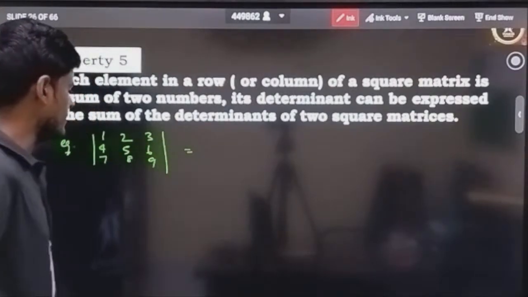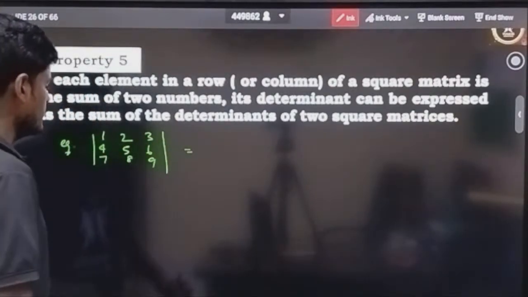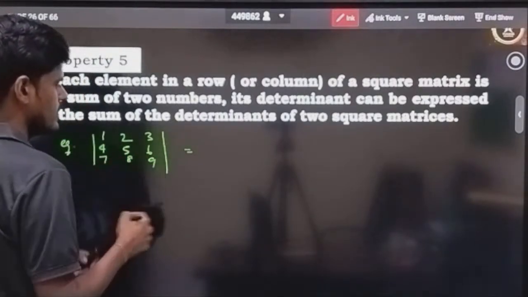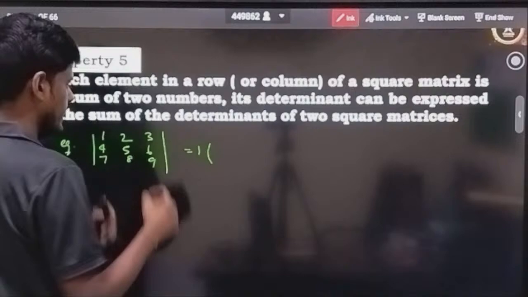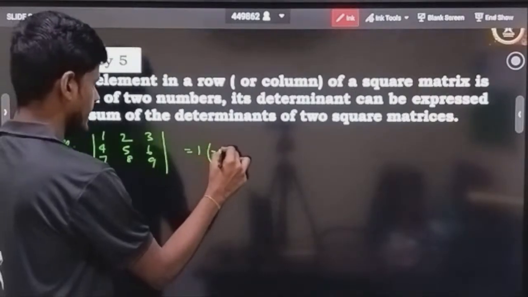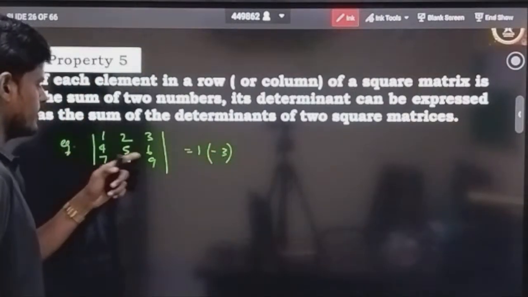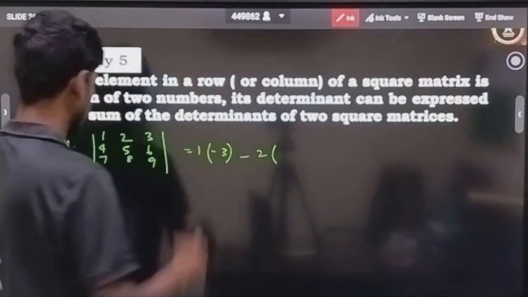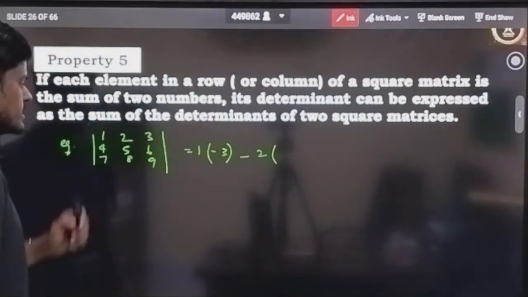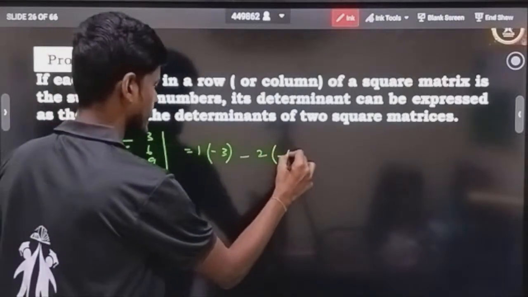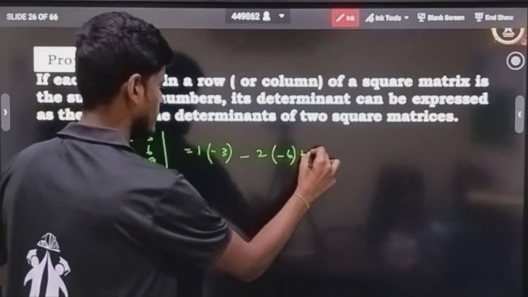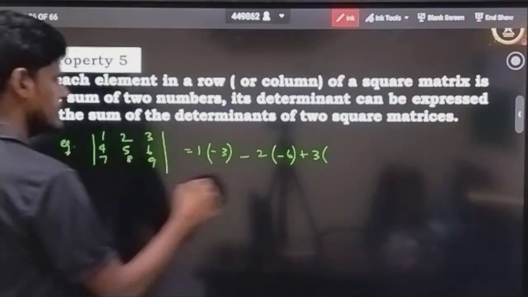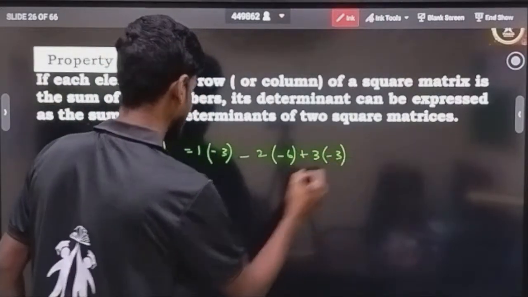When we expand it, its value becomes 1 into (5 nines are 45 minus 8 sixes are 48), that is minus 3, minus 2 into (4 nines are 36 minus 42), that is minus 6, plus 3 into (4 eights are 32 minus 35), that is minus 3.